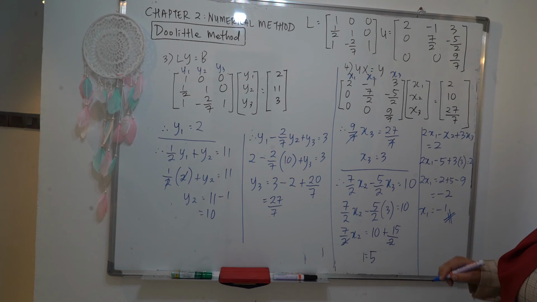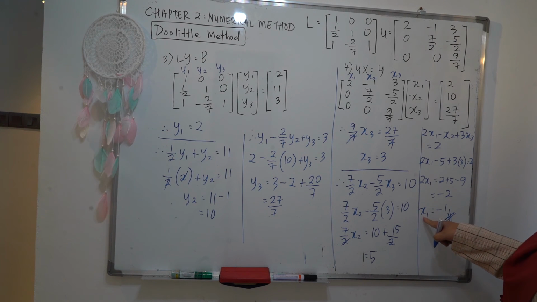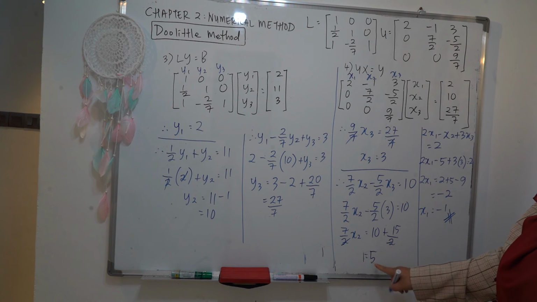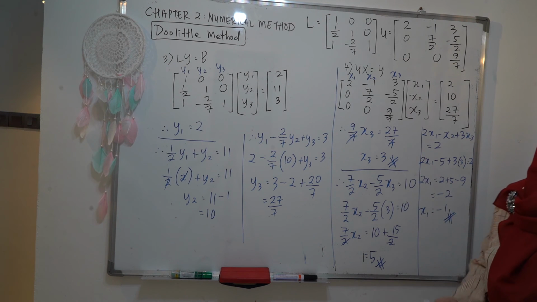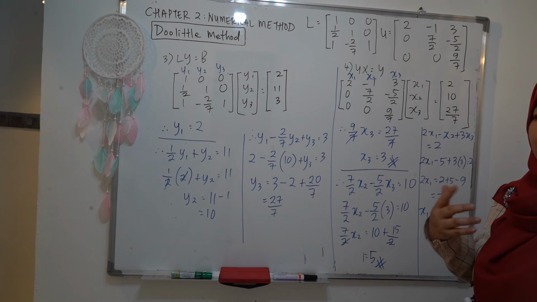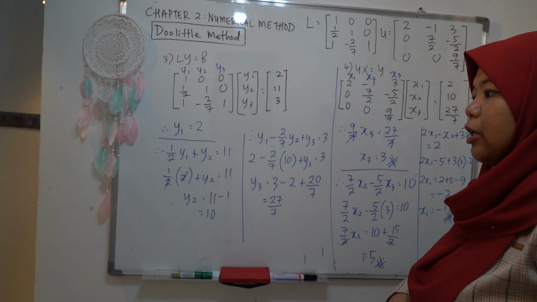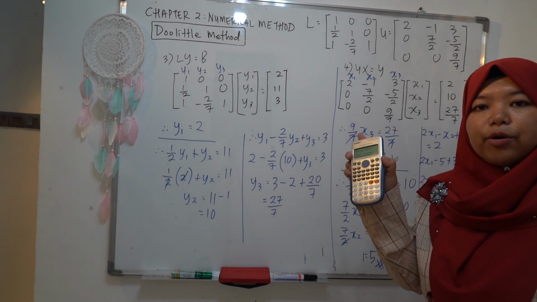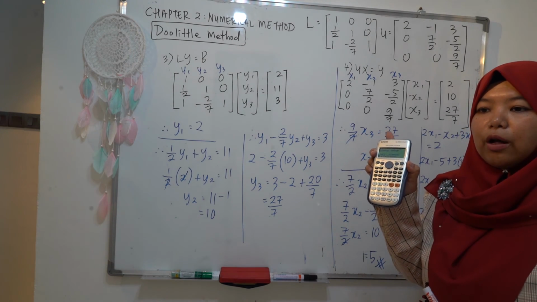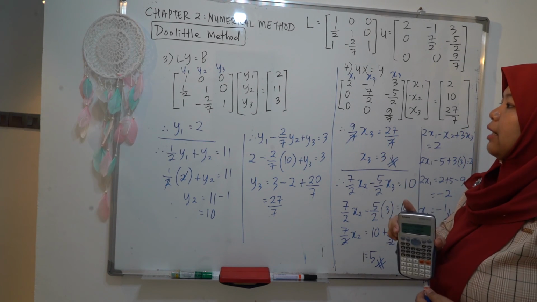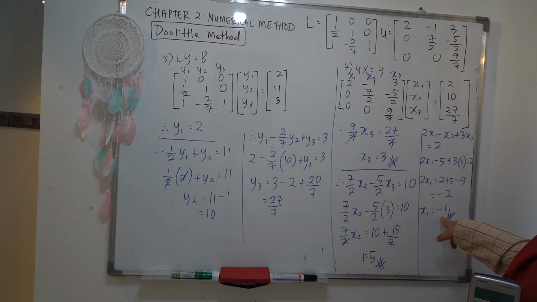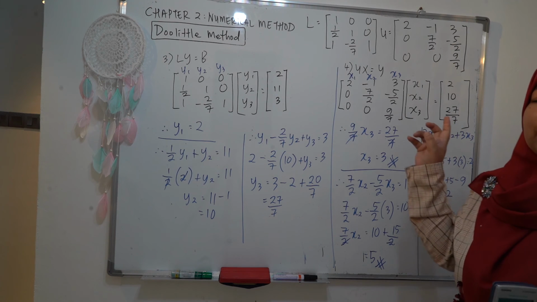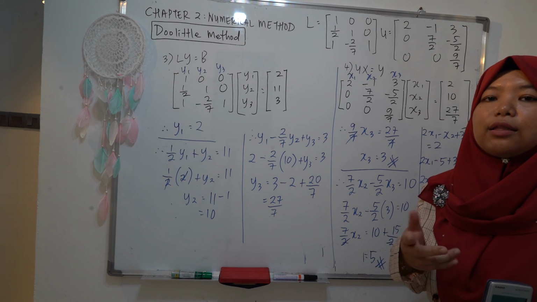So right now we know the answer: x1 is negative 1, x2 is 5, x3 is 3. Like I said before, if you want to know whether your answer is correct or not, you can use a calculator, mode EQN, and then you put in all the data. Or any other way, you can just put the numbers of x1, x2 and x3 into your equation, and then you get the same answer.